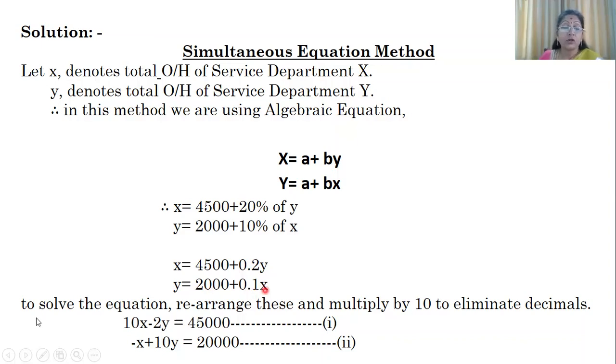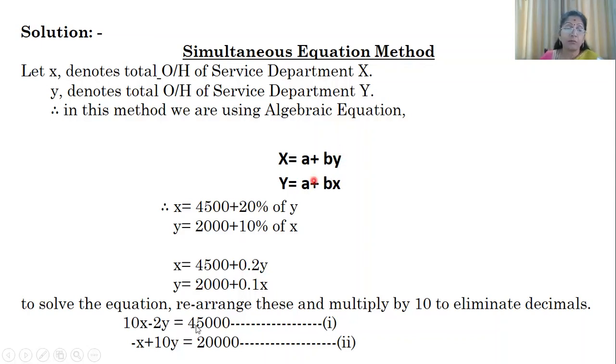To solve the equations, we rearrange these and multiply by 10 to eliminate decimals. Here we want to eliminate the decimals, so we move to the next step. This is the simultaneous equation method. We are using algebraic equations, making the formula and substituting the values.